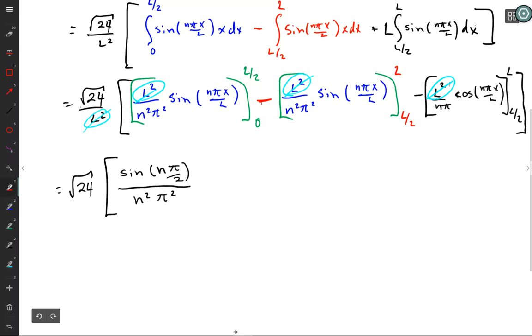Then for the second one, I'm going to have over n squared pi squared for the second and third terms as well. So I extended my divider so I have the same denominator. I'll have minus, well, what is sine of n pi?